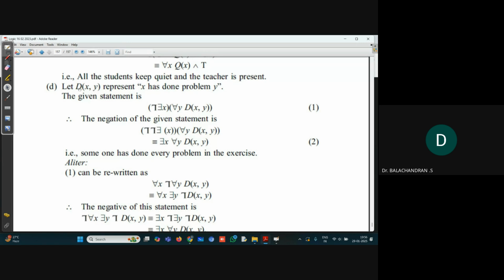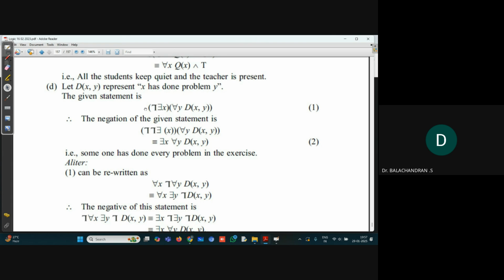So there are two things. One is a person, no one, or I can consider a student, and the other one is a problem. So I'll take D of x comma y to represent x has done problem y. What is the given statement?